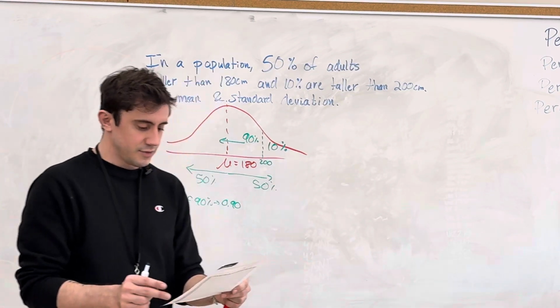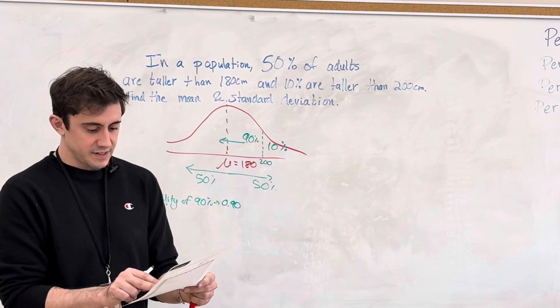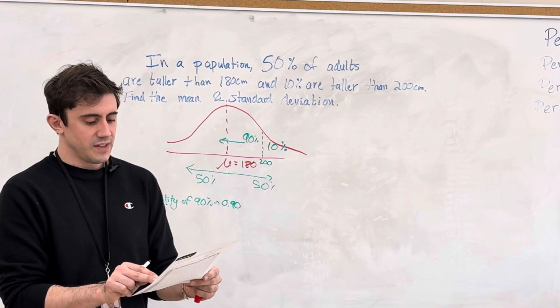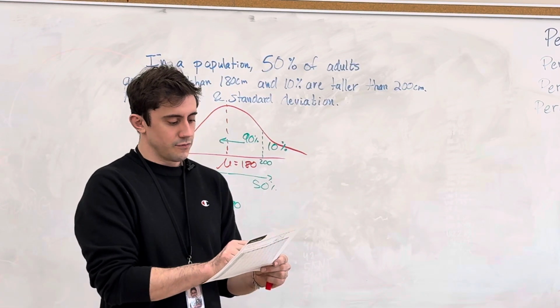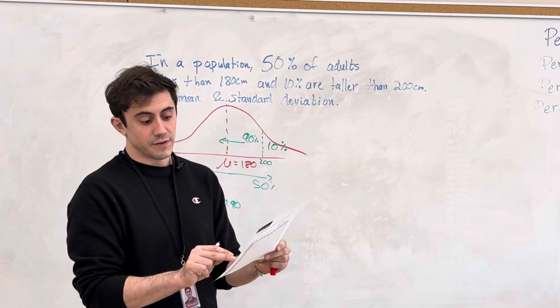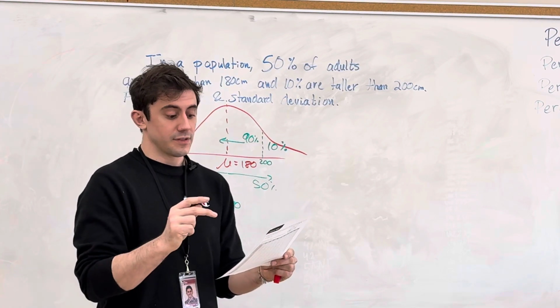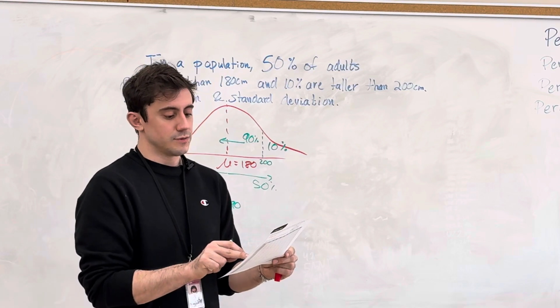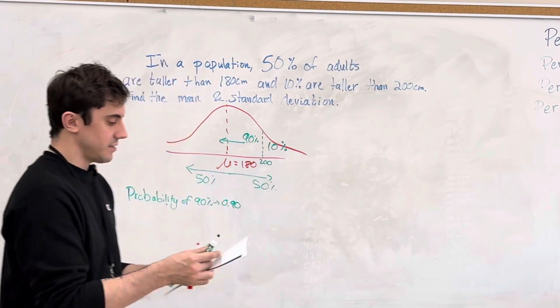If you do that on your own, you'll find that the closest cell is 0.8997 for a z-score of 1.28. You might think it's 0.9015, but that's actually 15 ten-thousandths away rather than 3. So we'll use the 0.8997 at a z-score of 1.28.